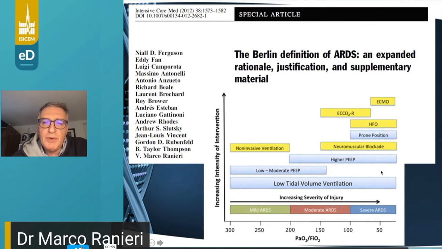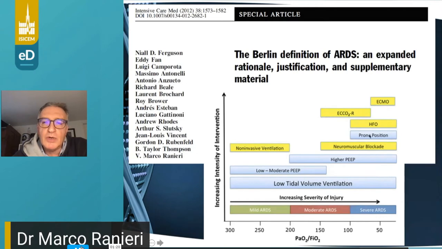And you see that prone positioning is quite high on the vertical scale, implying a substantial complexity from the procedural standpoint, and is allocated at the extreme of the severity scale expressed as PF ratio.